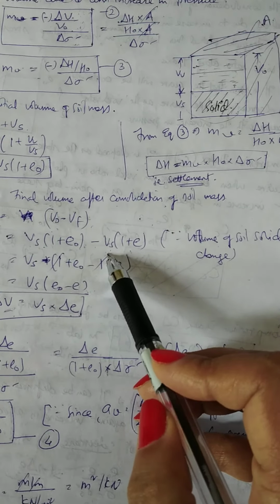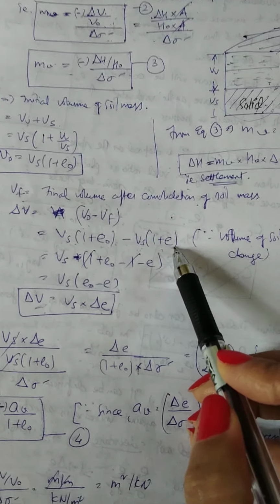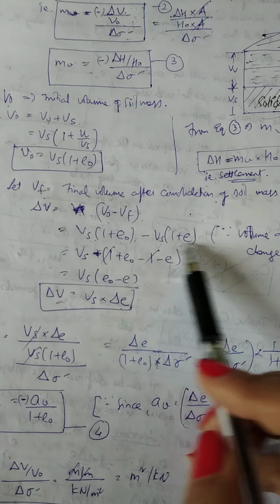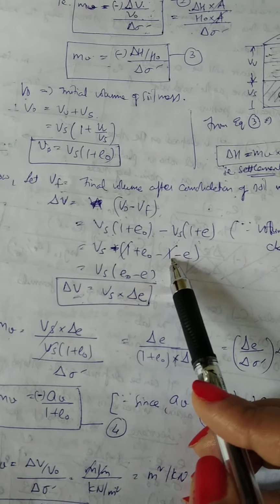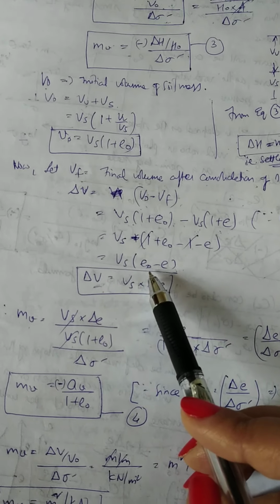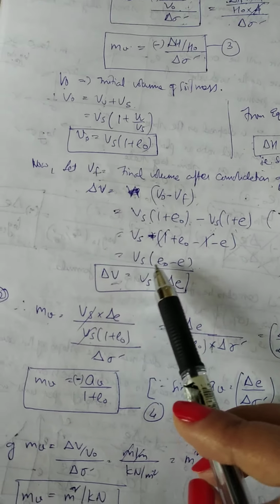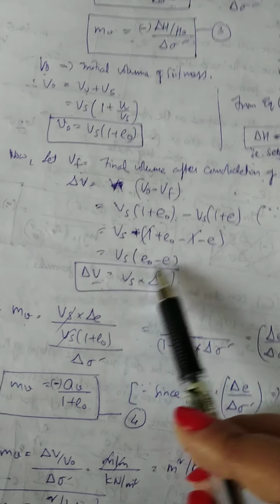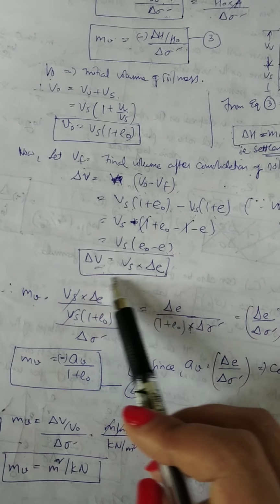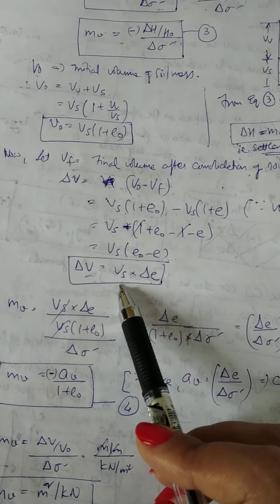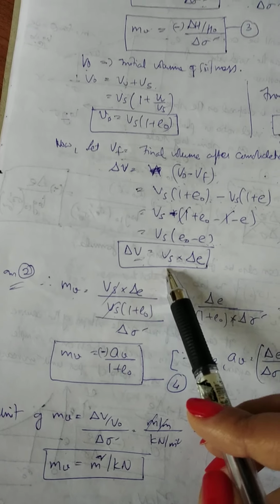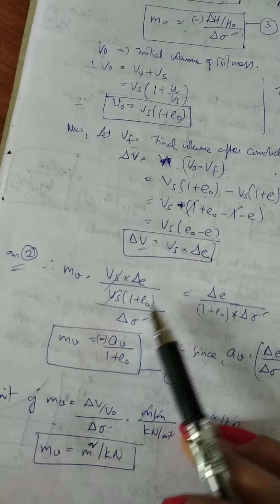So if I open up the bracket, VS cancels out, and finally the change in volume will be the volume of soil solids times the difference of the two void ratios, right? So that is your change in V.